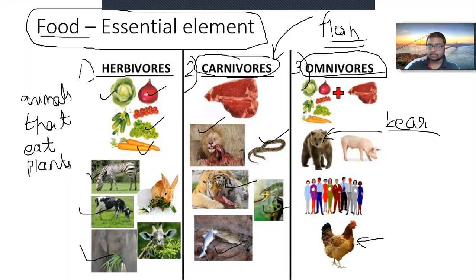This is a hen in front of you, isn't it? Hen can eat both plants and animals. So the animals which can eat both are called omnivores. Animals who can eat only plants are called herbivores. Animals who can eat animals are called carnivores, and animals who can eat both are called omnivores.